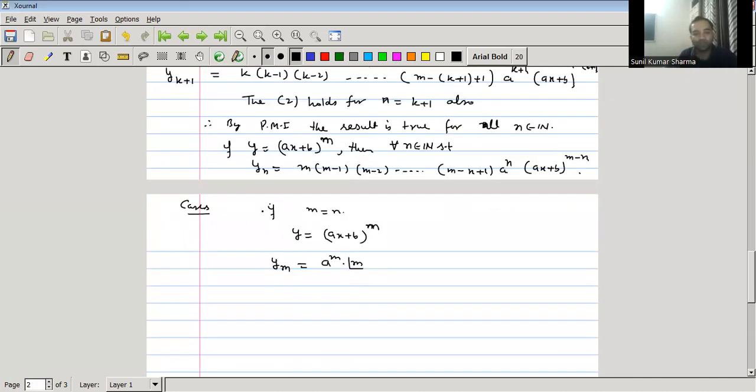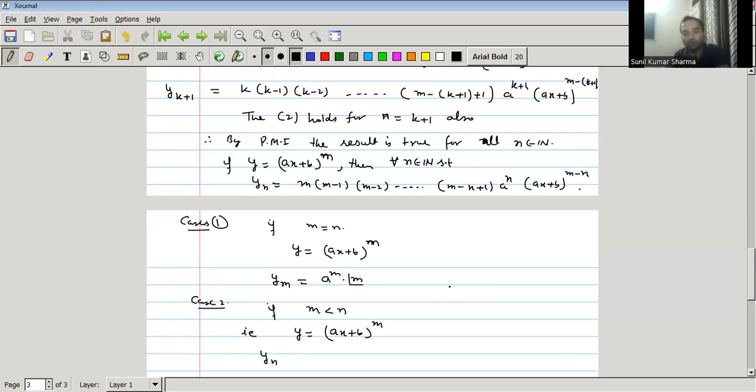But case 2 is if m is less than n. That is, y is equal to (ax plus b) to the power m, and we have to find yn.